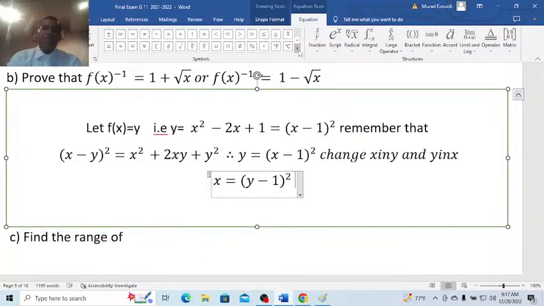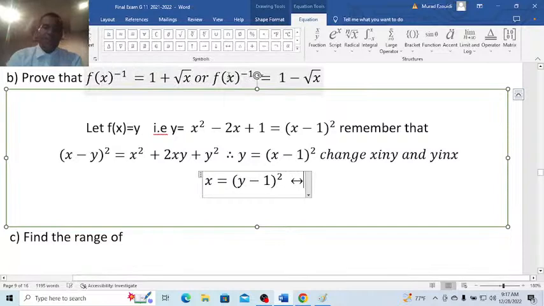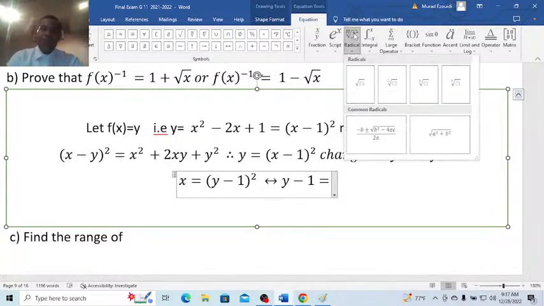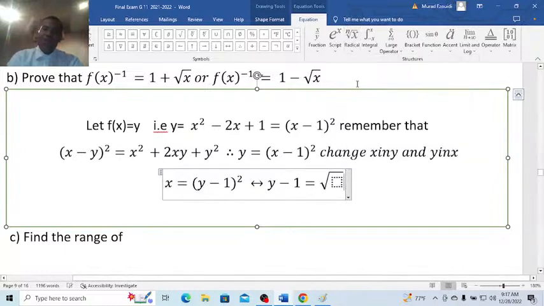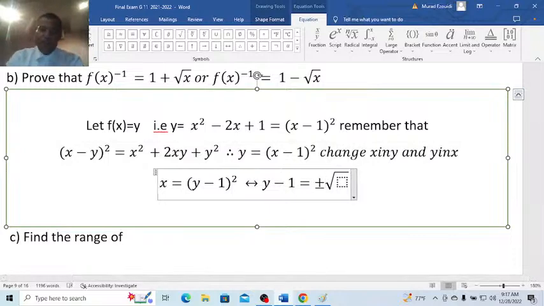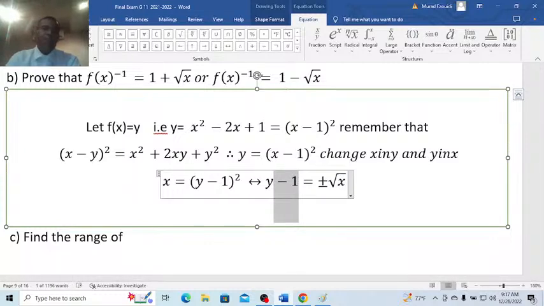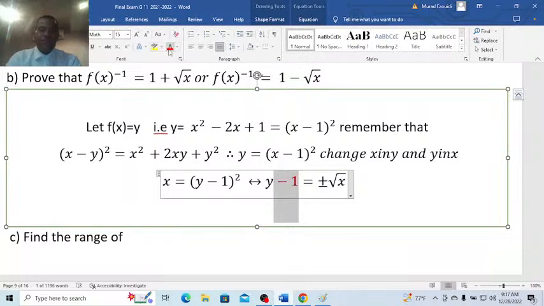Therefore this is equivalent to, if and only if, y minus 1 is equal to plus or minus root of x. Then I will just add 1 to both sides, or transfer this 1 to the right hand side, so it will be positive.